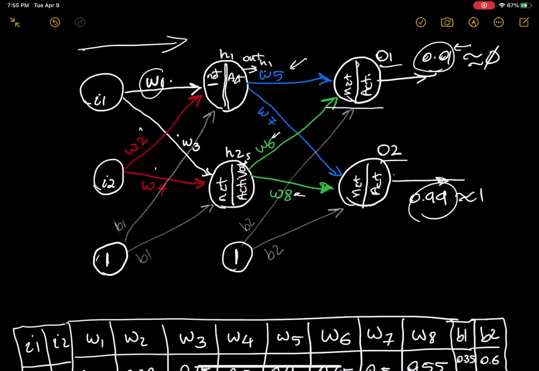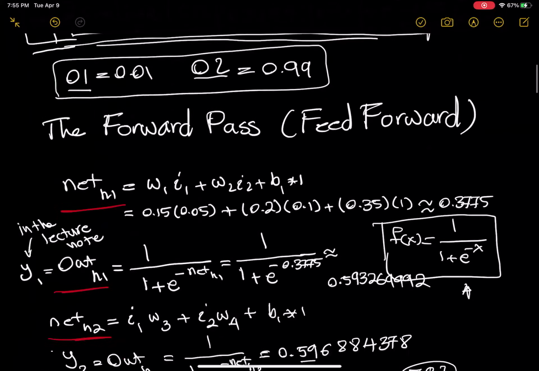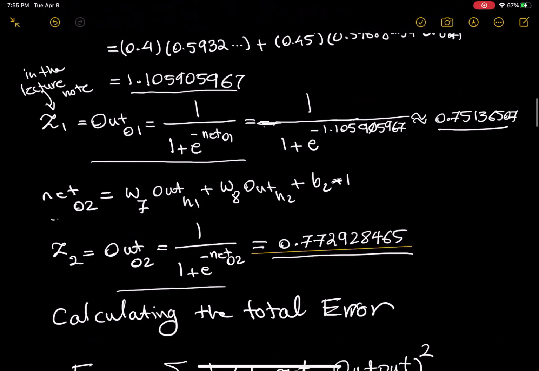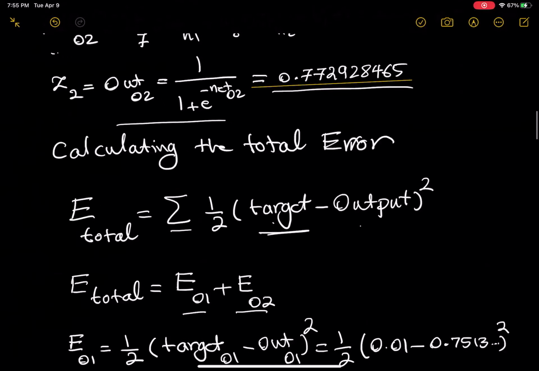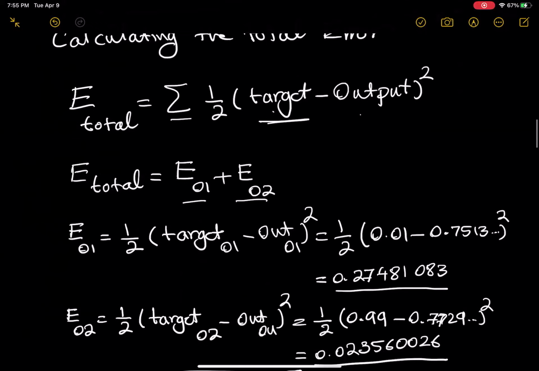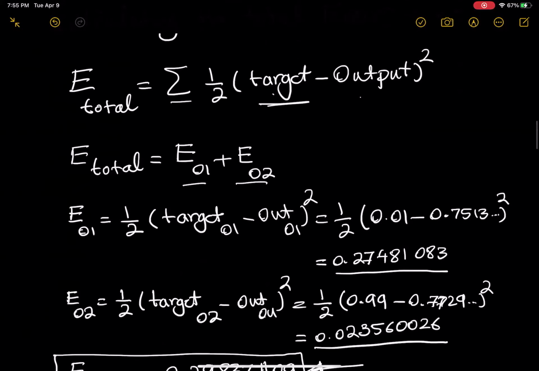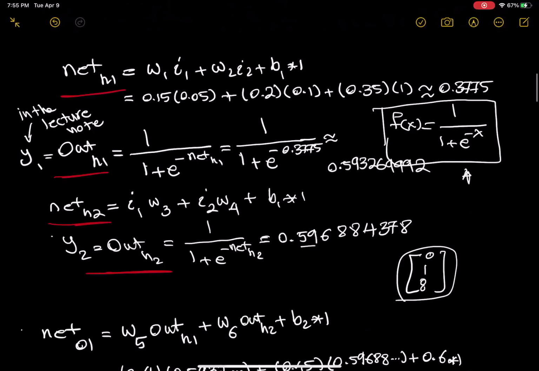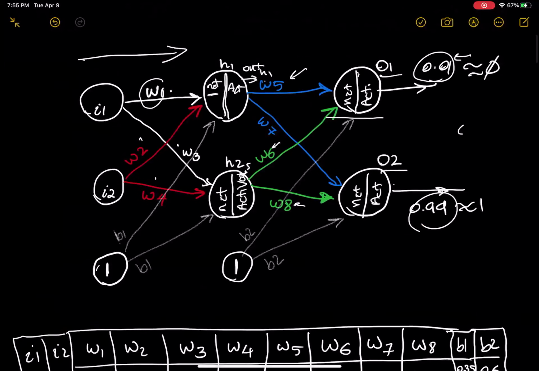Now, the neural network should find the amount of contribution, because this is what we expect, and what we got here is an error. The amount of error here is E of total, 0.29.